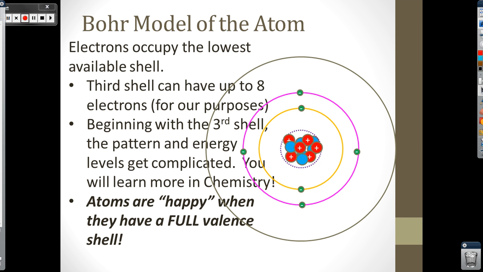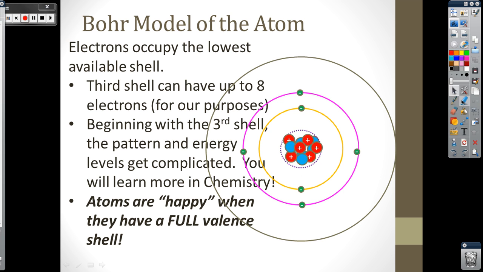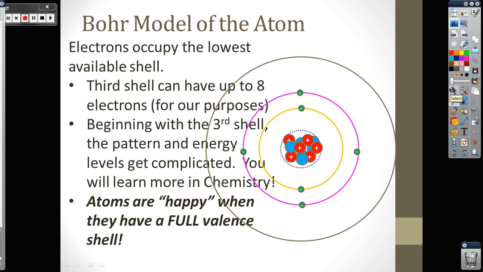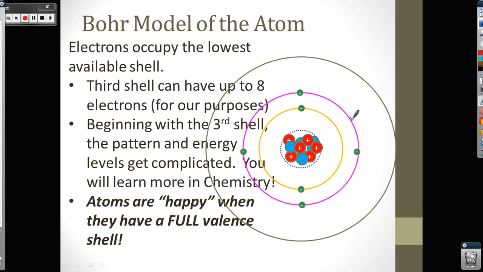So the other thing you need to know is that atoms are happy when they have a full valence shell. That means the outermost shell that has electrons in it is full of electrons. In this case, our valence shell is the second shell, and it can contain up to 8 electrons. This atom here is not happy because it only contains 4 electrons: 1, 2, 3, 4.